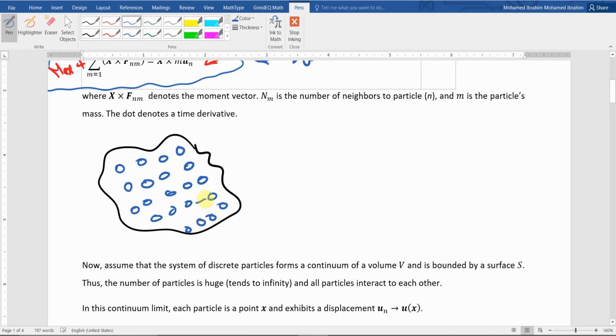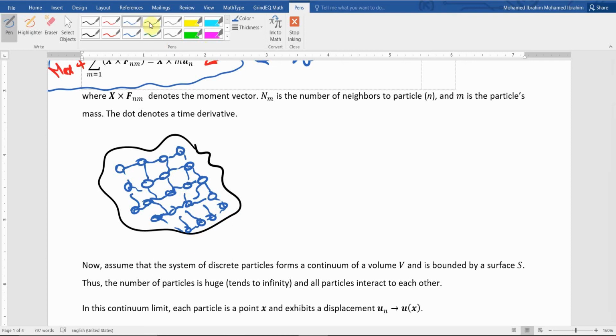So there are lots of interaction forces between all of these particles inside the continuum, right? All of these are different interaction forces. Let us assume that the number of particles is huge, tends to infinity, so huge that it is hard for us to count how many particles there are.